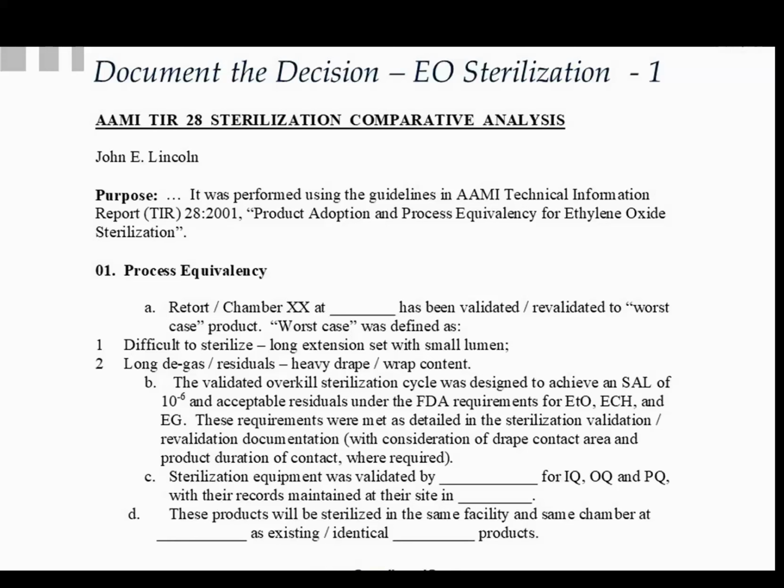Longest tubing, smallest ID diameter tubing, etc., etc. So these are things you need to consider, explain, and then anything else comes in. If you can show that it's not as hard to sterilize as your control document, control product, you can do this type of analysis as well.